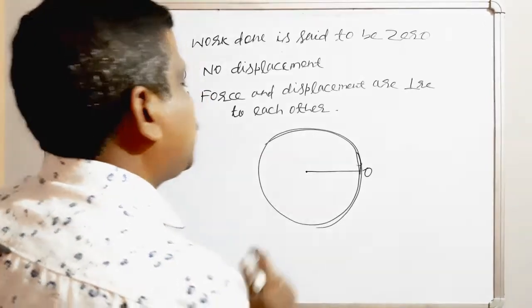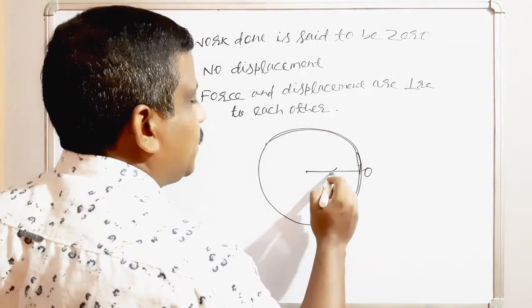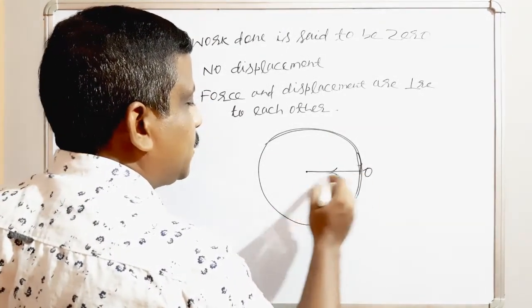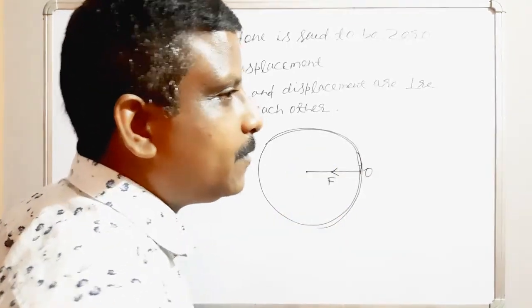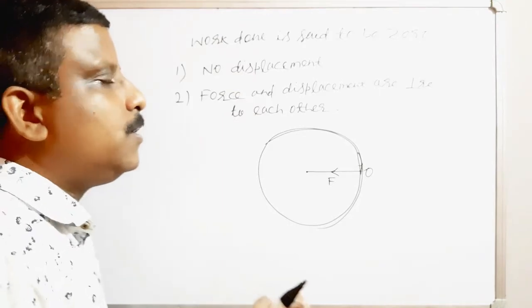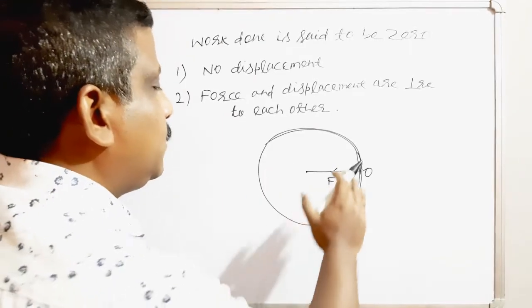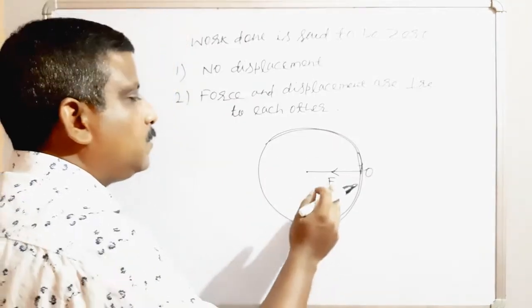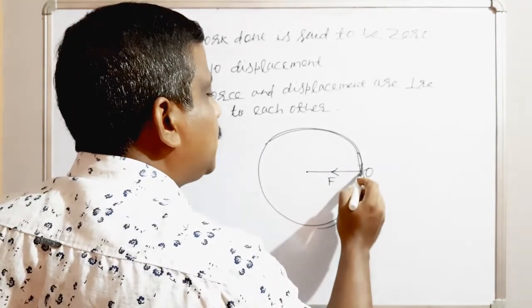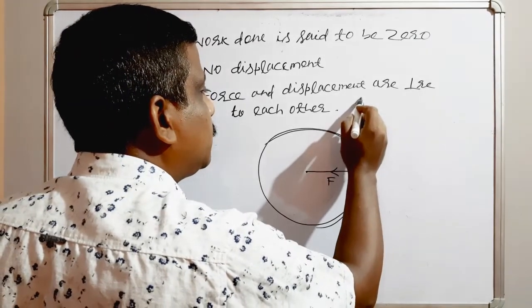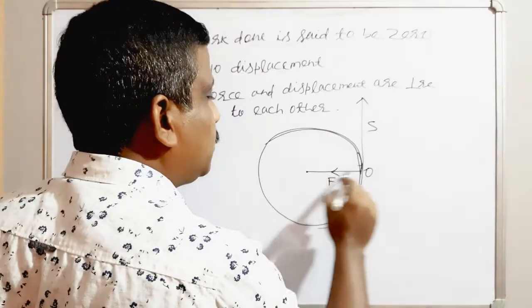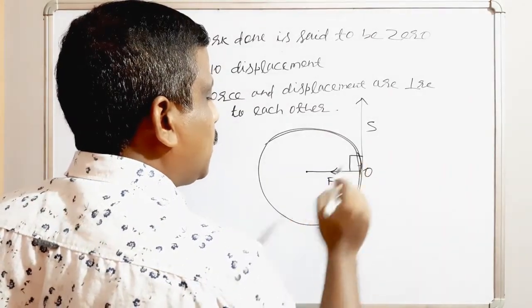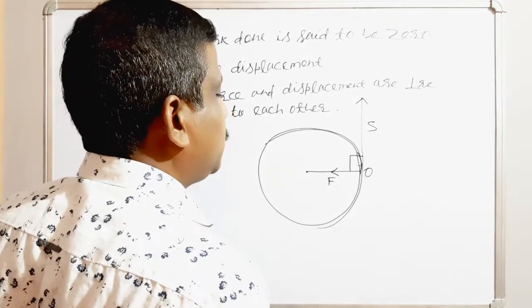In this case, force is applied in this direction. The centripetal force is applied in this direction. In higher classes you will read what centripetal force is. Just remember that force is applied in this direction. But the ball is moving in which direction? In this direction. So displacement is in this direction. Here the force and displacement are perpendicular to each other.